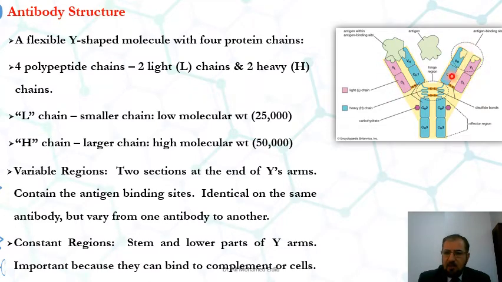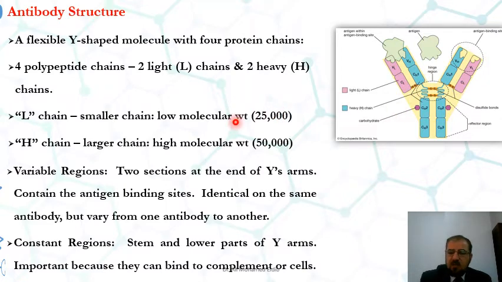So there are 4 polypeptide chains constituting the monomer antibody, 2 light chains and 2 heavy chains. The light chains are the smaller chains.